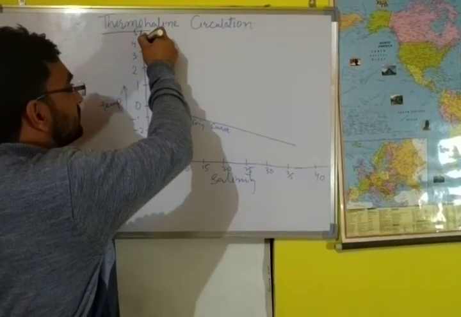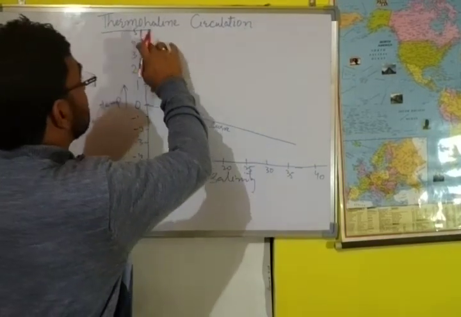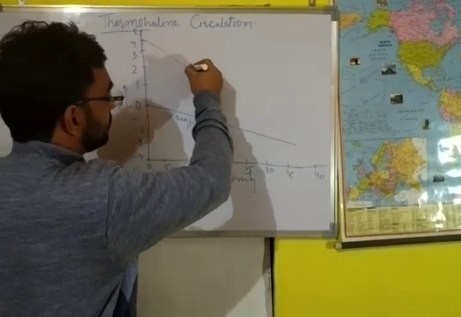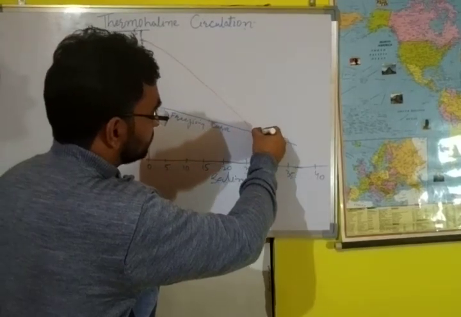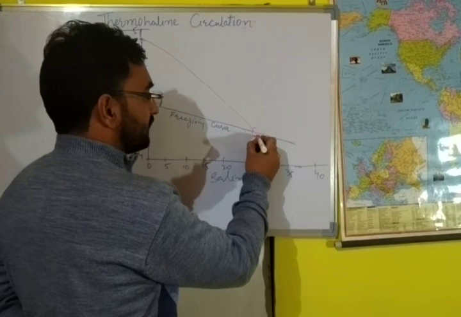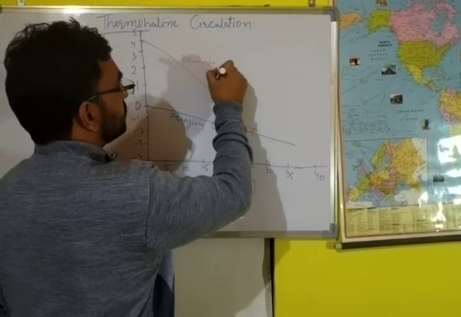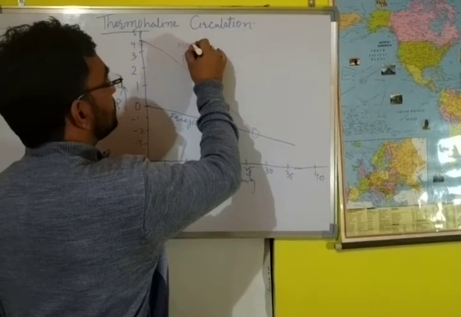The slope of this density curve is steep. This density curve will come something like this. So this is the density maximum curve, or I can call it maximum density curve.